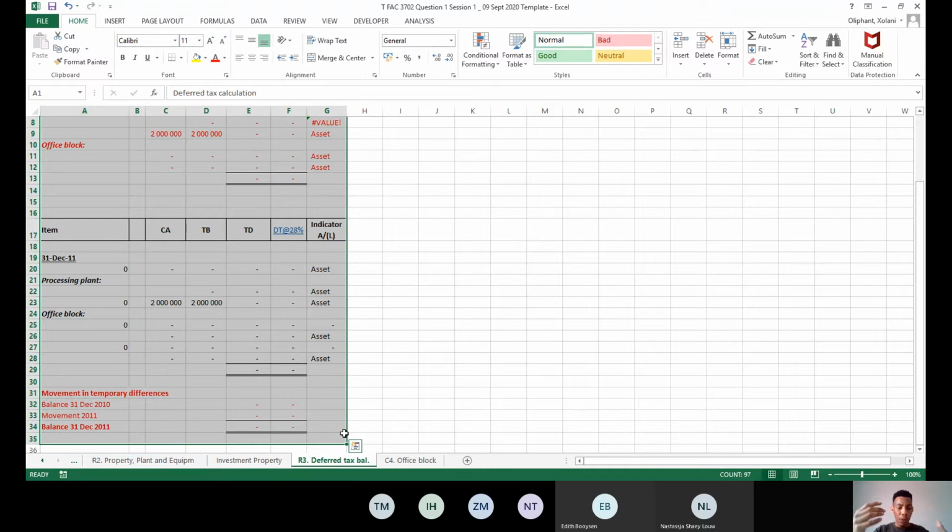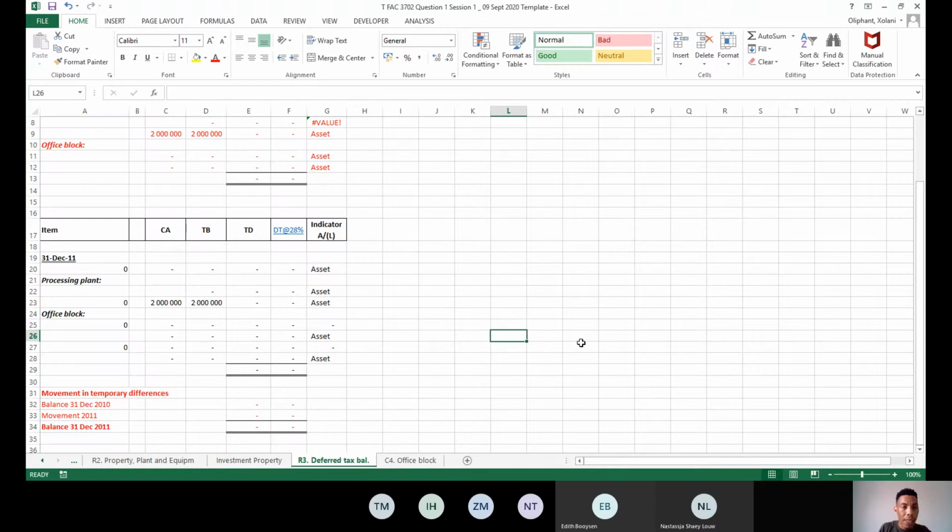In order to get to a deferred tax note, you will need to do this here, and then go to a disclosure of that. If you only end here, you would not have answered the required. But in this case, the required asks you to do the calculation. So you only end at the calculation, which is the balance they're looking for. Okay, then let's start writing.